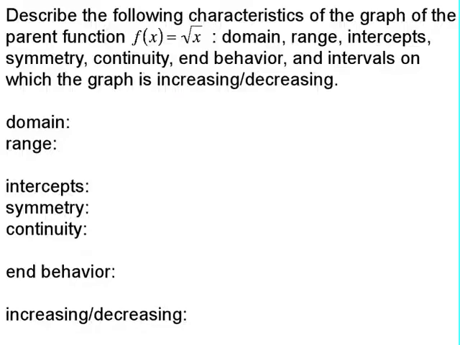And so what we're going to do today is we're going to have, I call these monster problems in a way just because there's so much information that we have to go through. But let's go ahead and look at it. It says, describe the following characteristics of the graph of the parent function f of x equals root x. So we are finding the domain, the range, the intercepts, the symmetry, the continuity, the end behavior, and the intervals on which the graph is increasing or decreasing.